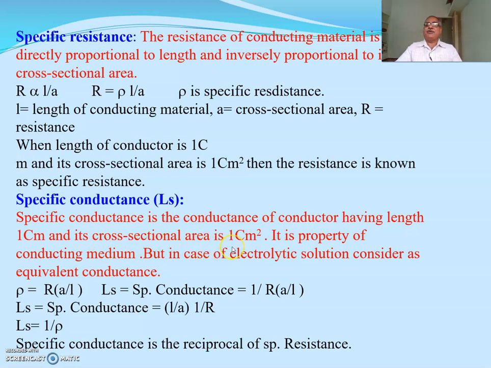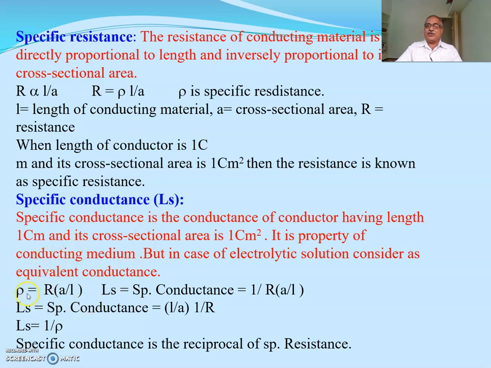It is a property of the conducting medium. This is in the case of a solid conductor, but in the case of an electrolytic solution, we consider the equivalent conductance. Specific conductance is also defined as the reciprocal of specific resistance.